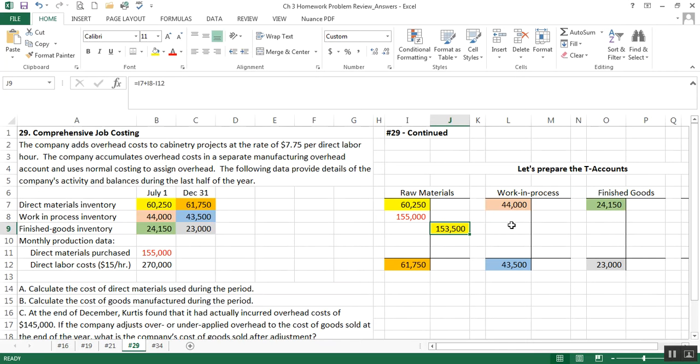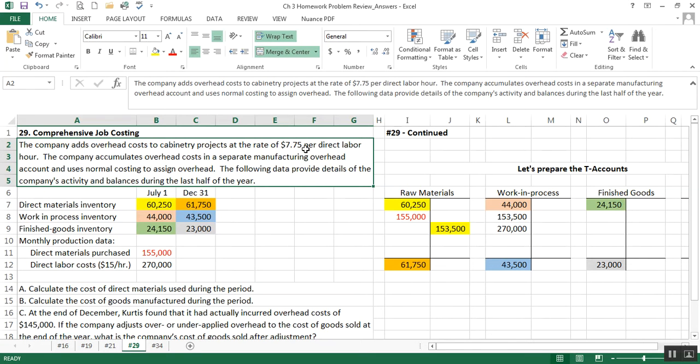That being said, we can go over to our work in process. So again, we have our beginning and ending. What goes into work in process? Well, the direct materials, labor, which in this case is $270,000, and then overhead. We know that they apply overhead at $7.75 per direct labor hour. We also know that direct labor costs are $15 per hour, or $270,000.